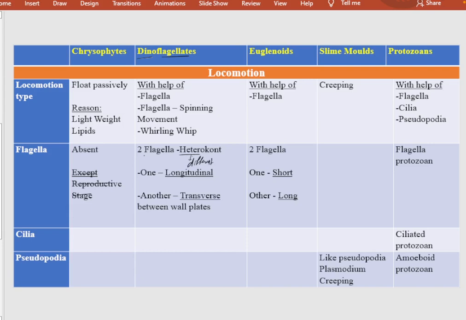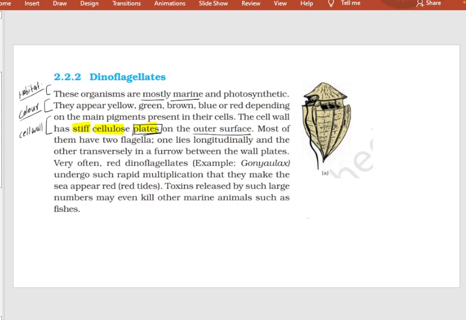The flagella are of two types; they are heterocont, meaning different flagella. One is longitudinal, one is transverse between the plates, hence heterocont. Most dinoflagellates, not all, have two flagella.